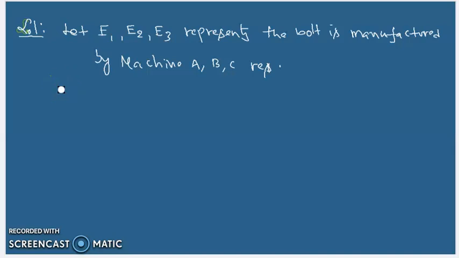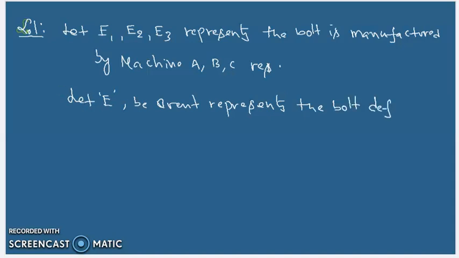Here we are going to take another event. That event name is capital E. This event represents the bolt is defective.